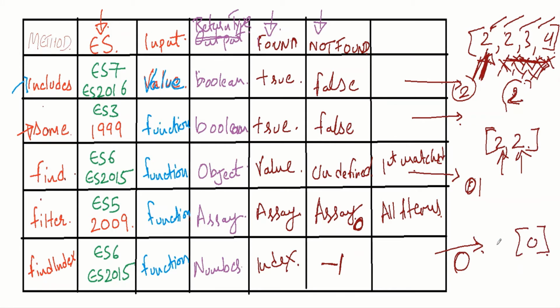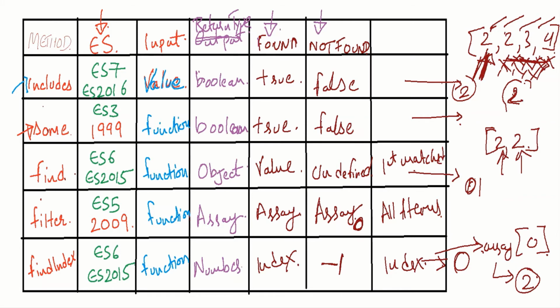So if you do array.at(0), it would return 2. So this would return the index, and you can use this index to fetch the actual value later on if needed.